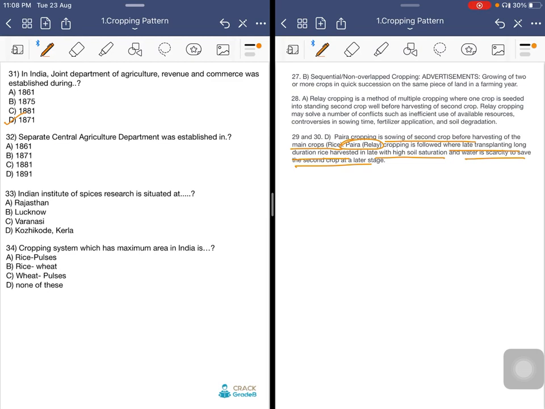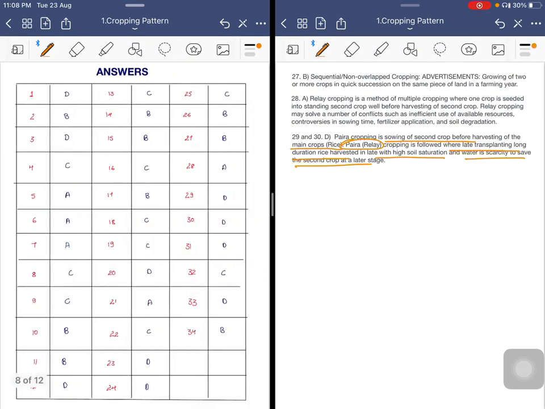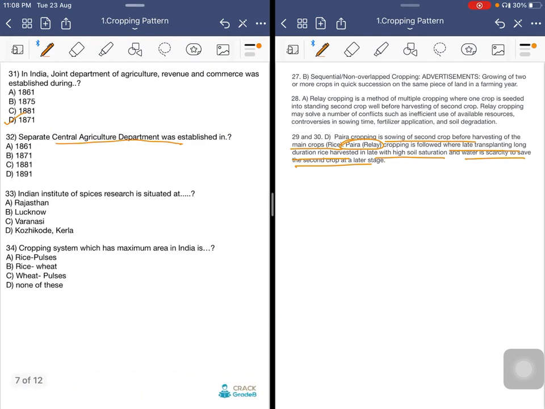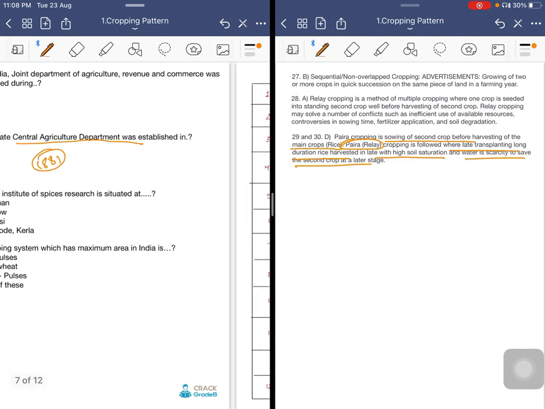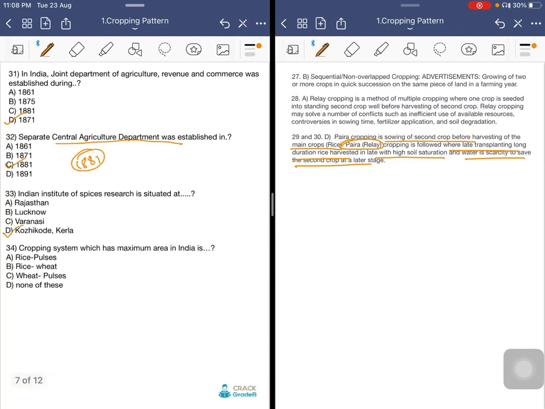Next, the separate Central Agriculture Department was established in 1881. Indian Institute of Spice Research is located in Kozhikode, Kerala. The cropping pattern having the maximum area in India is rice followed by pulses.